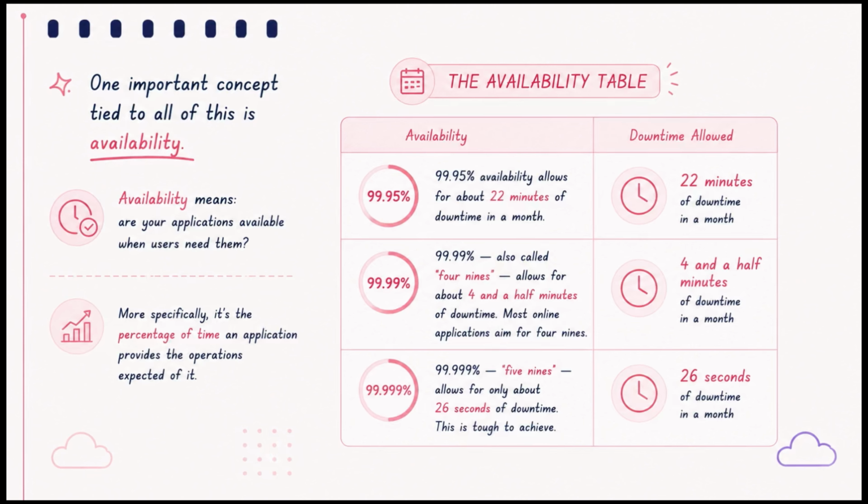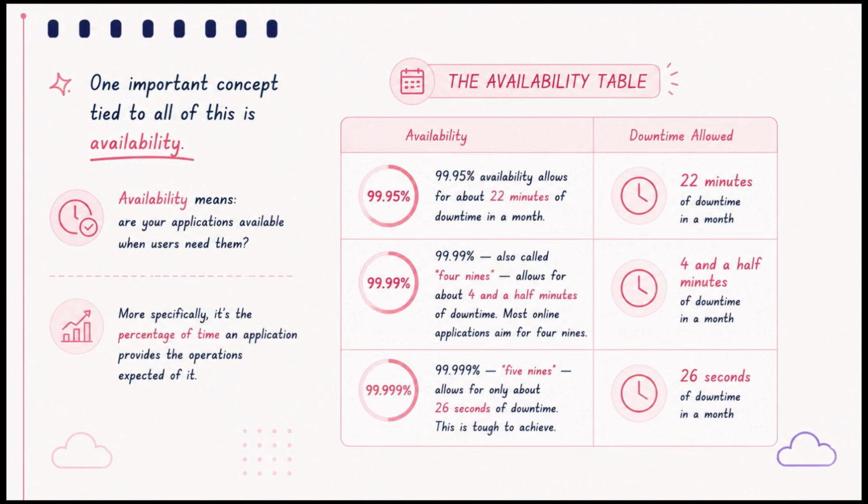So 99.95% availability allows for about 22 minutes of downtime in a month. Second, 99.99%, also called 4 nines, allows for about 4.5 minutes of downtime. Most online applications aim for 4 nines. 99.999%, 5 nines, allows for only about 26 seconds of downtime. This is tough to achieve.